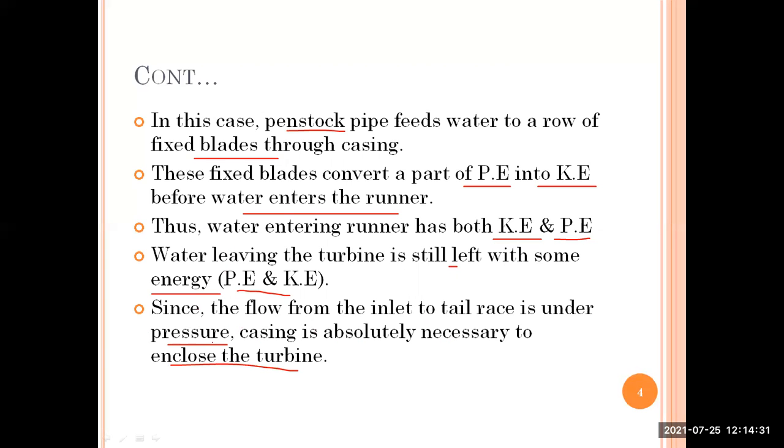To avoid that, the casing is very much necessary. The examples of the radial flow reaction turbine are the Francis and Kaplan turbines.